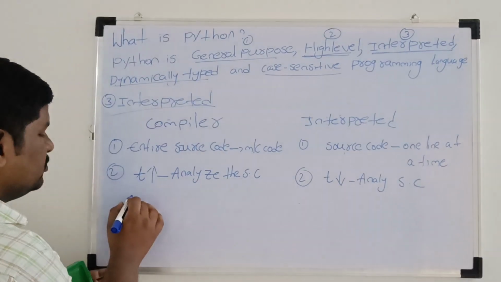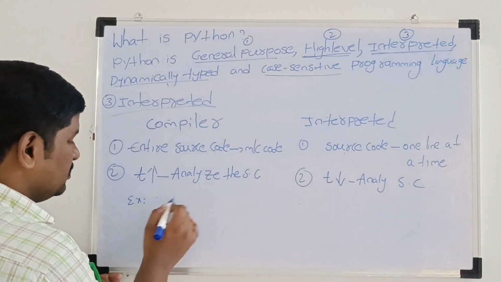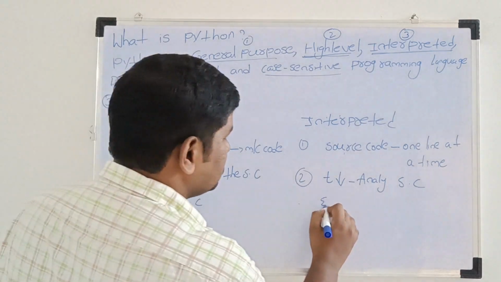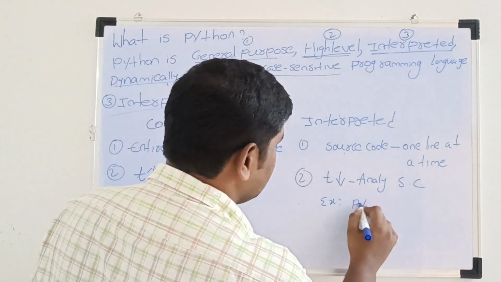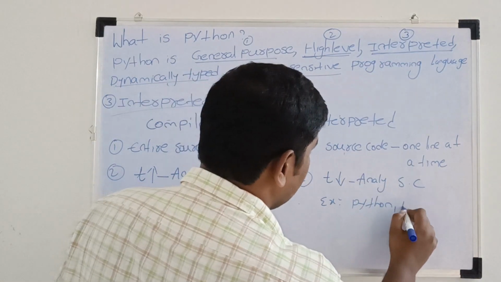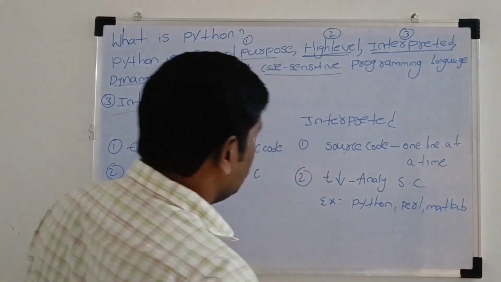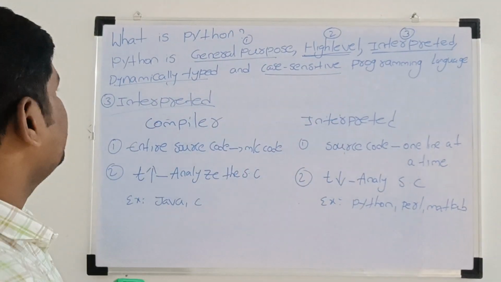So here the examples are Java and C, and here the examples are Python, Perl, and MATLAB. Okay, these are interpreted programming languages.